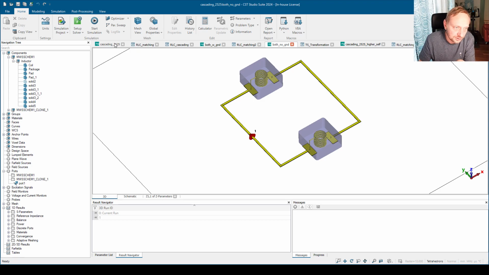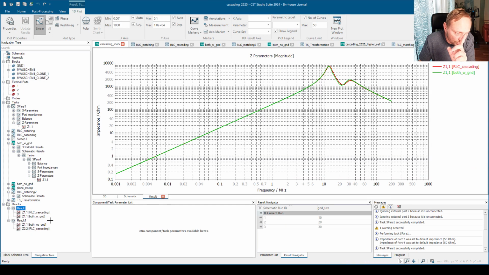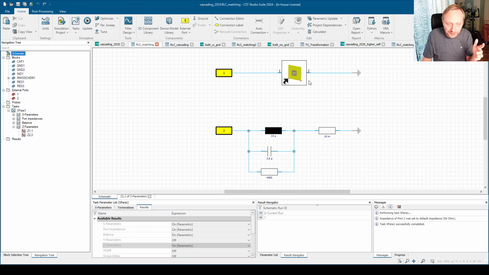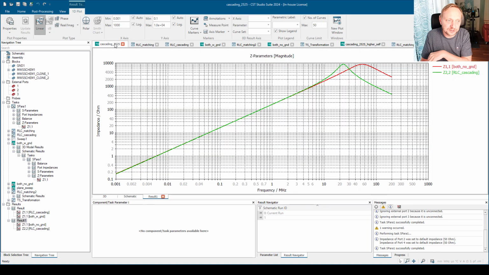Of course, this does not match the case where I cascade the two RLC circuits with the series capacitance. It's just by coincidence that for this standalone model, you made this one match, but it still does not mean that you got rid of the capacitance to ground. Because if you get rid of the capacitance to ground, like I did in the 3D model now, you get a different response than cascading this model.